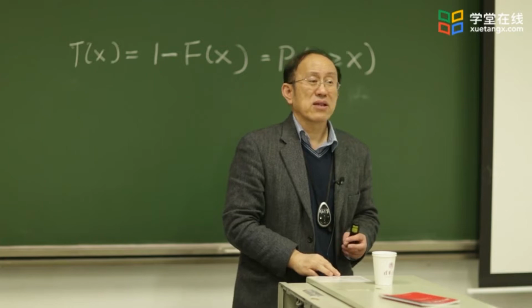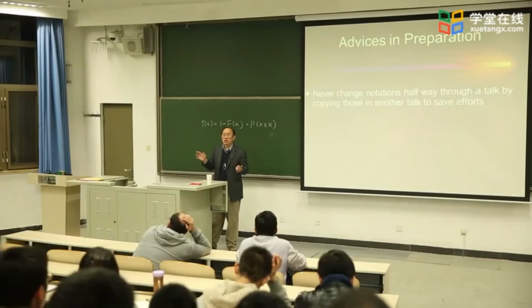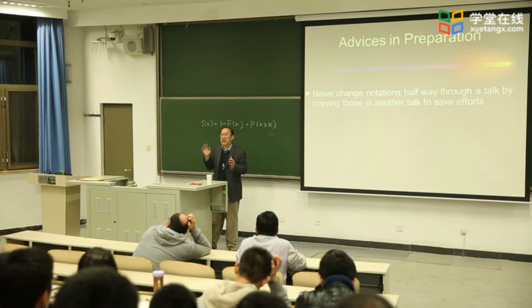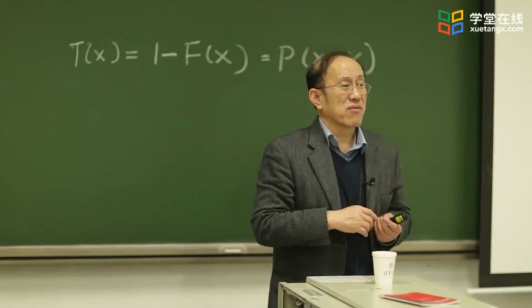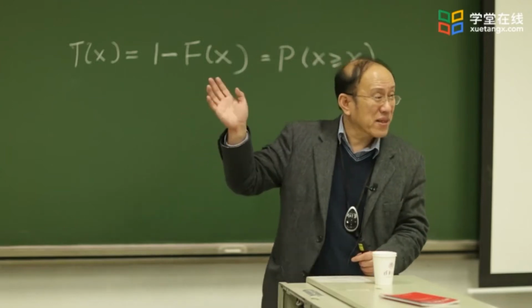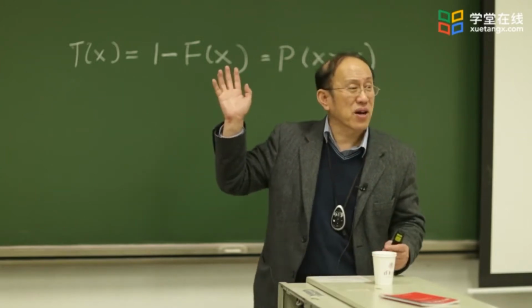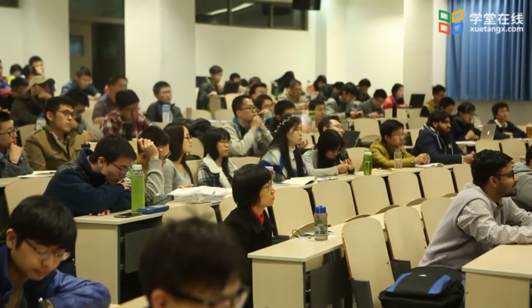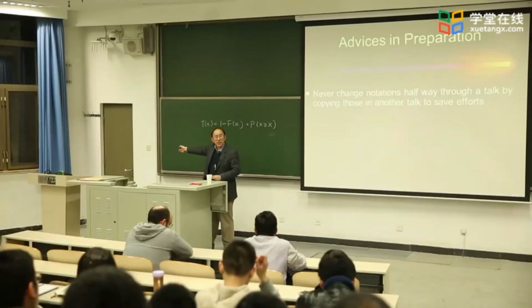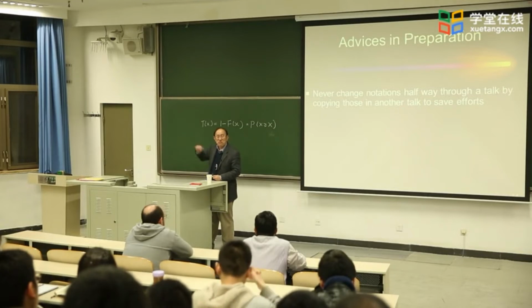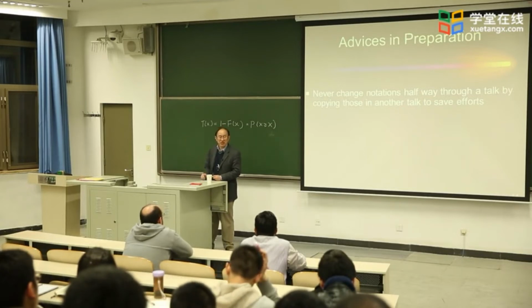Okay, you copy the notation from another talk you had before, okay, 2 years ago, and copy that from here. In that talk, you used a circle to represent the same process, okay?